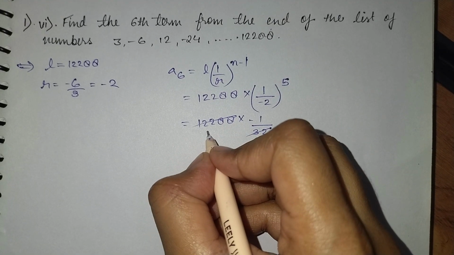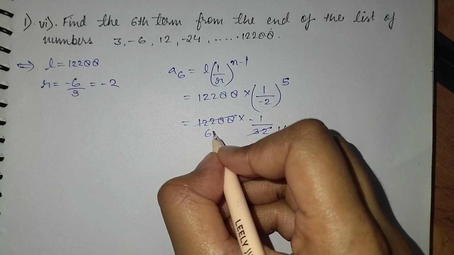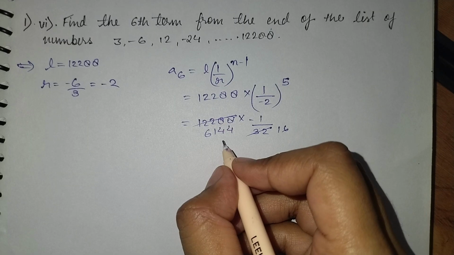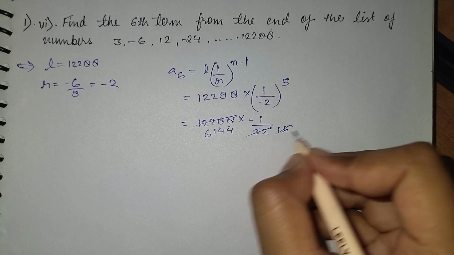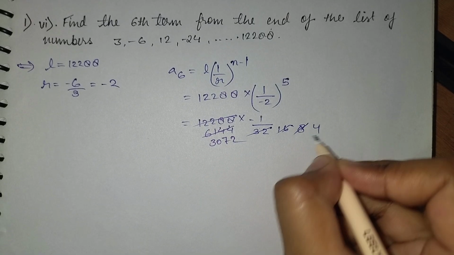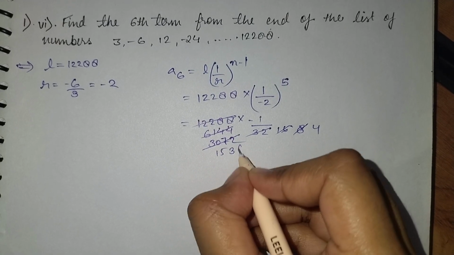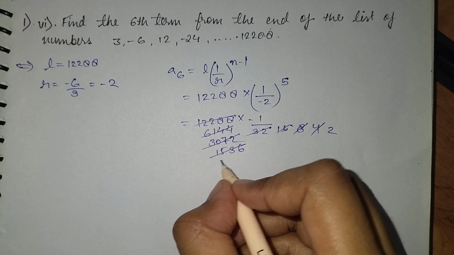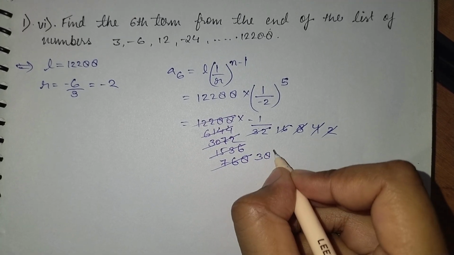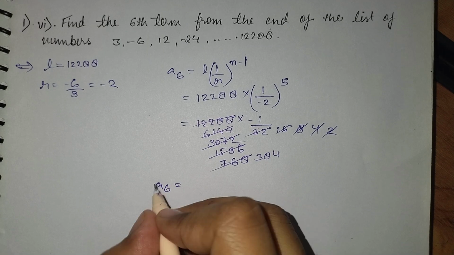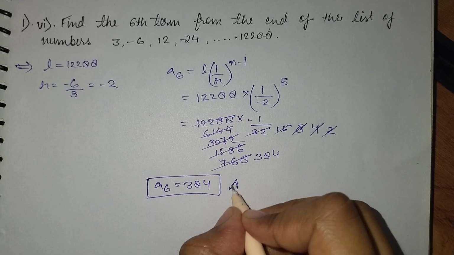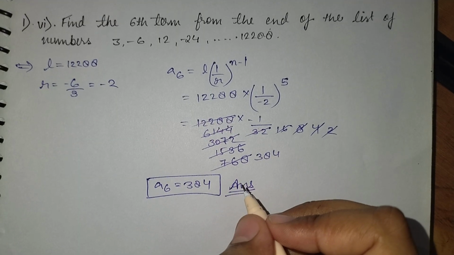So again cancelling here, we will get 3072. Cancelling, we will get 1536. Cancelling here, we will get 768. Again cancelling, we will get 384. So the sixth term from the last is 384, and this is the final answer of question number 1 6 part.